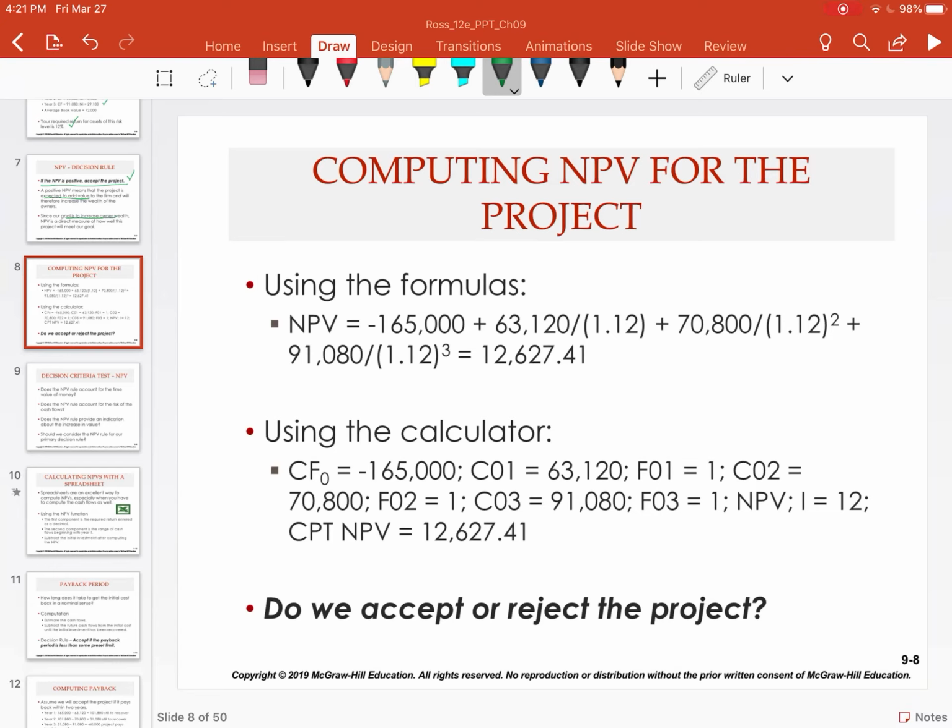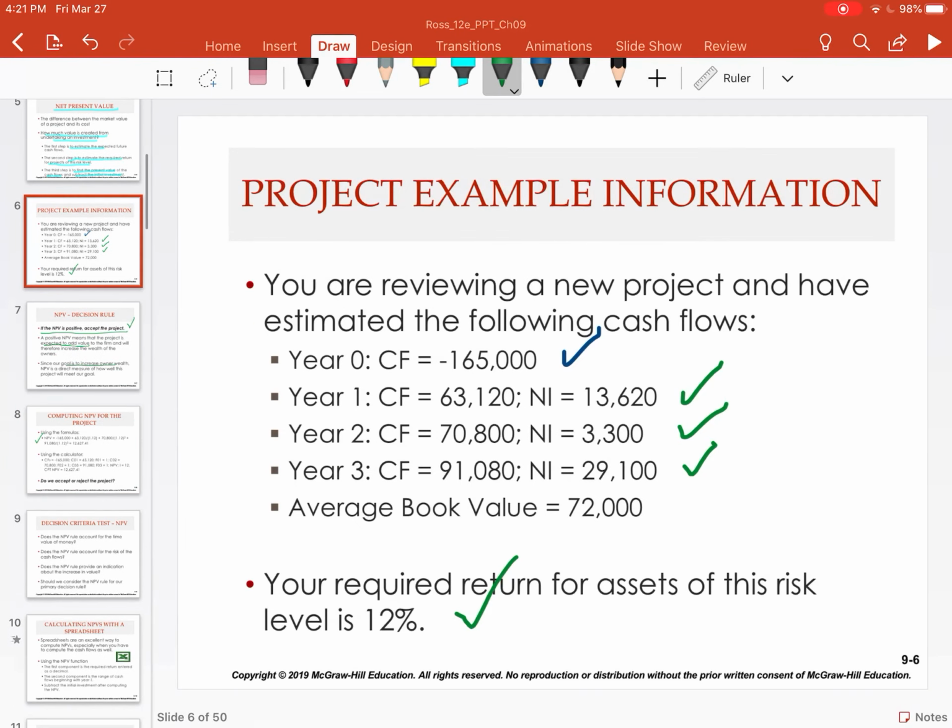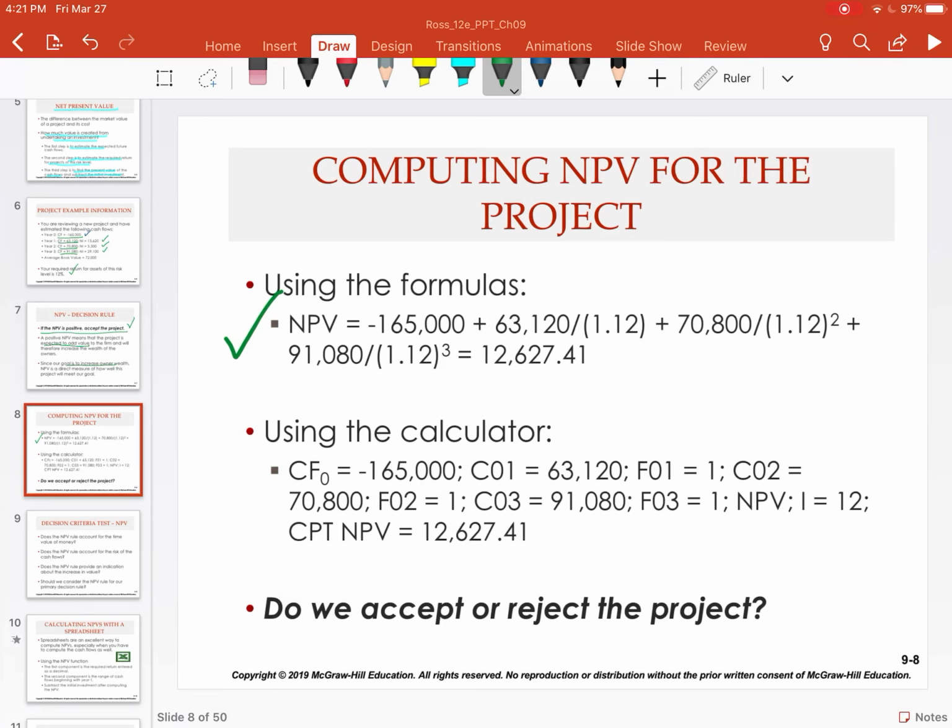What is that calculation? Well, you can go through this process and discount each one of those cash flows as they occur from our problem up here. These cash flows, okay, are all similar or identical to the cash flows on this slide.